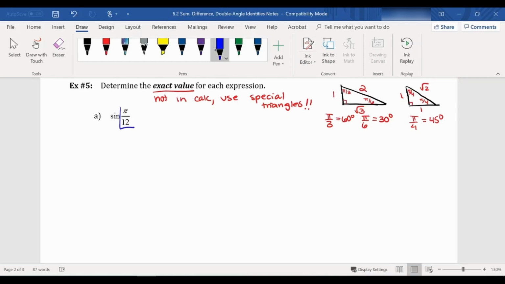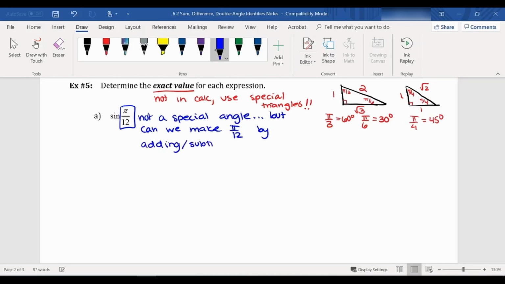So the question is, since this is not a special angle, can we make pi over 12 by adding or subtracting or doubling special angles?